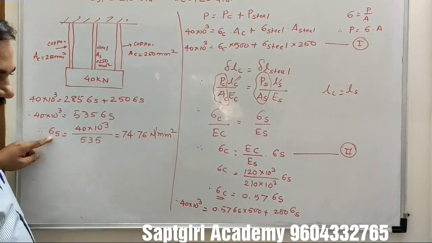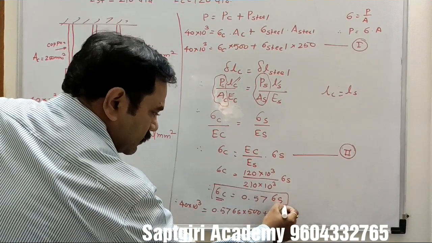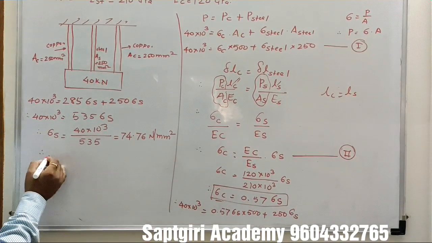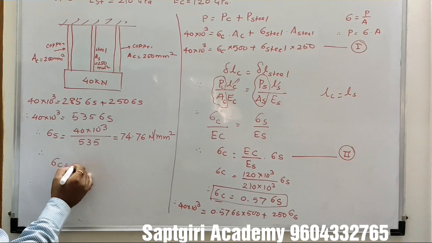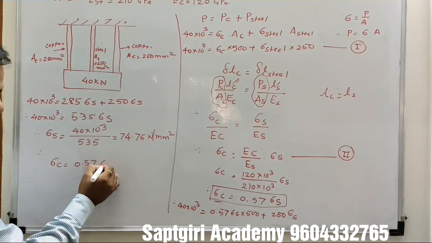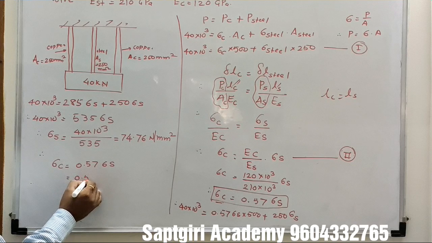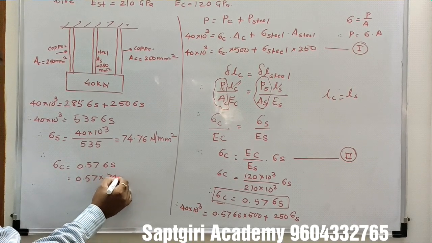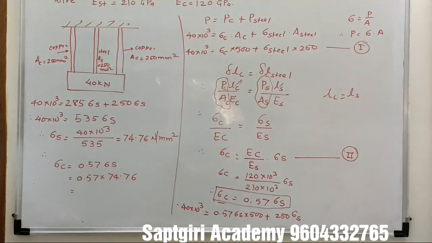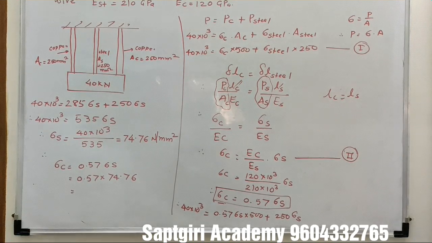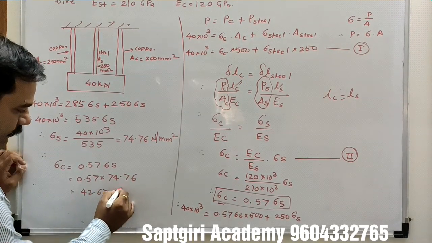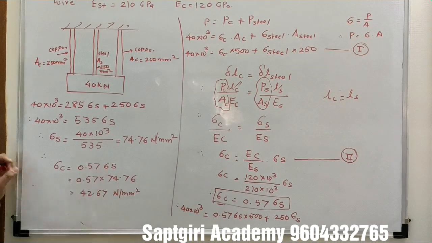Now put this sigma S in the relation we already got: sigma C equal to 0.57 sigma S, so 0.57 into 74.76, which is 42.67 Newton per mm square.